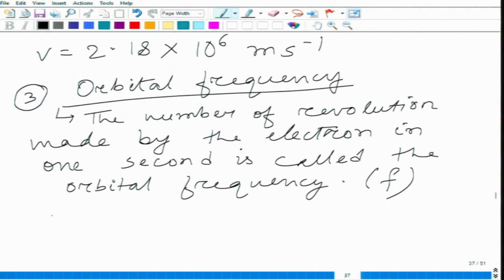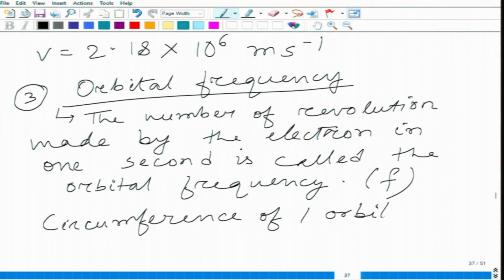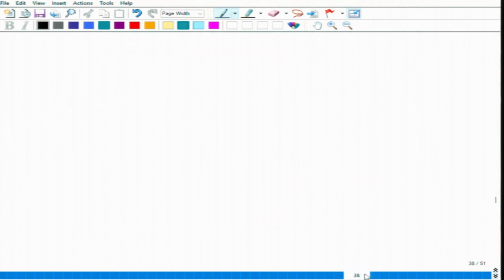So, what is the circumference of one orbit? Circumference of one orbit is equal to 2 pi Rn, right?